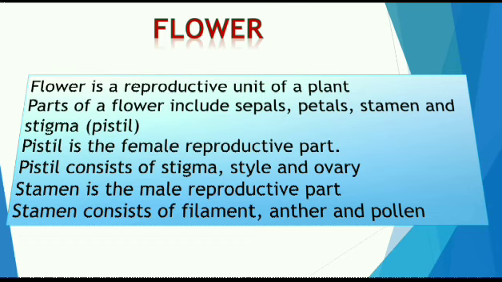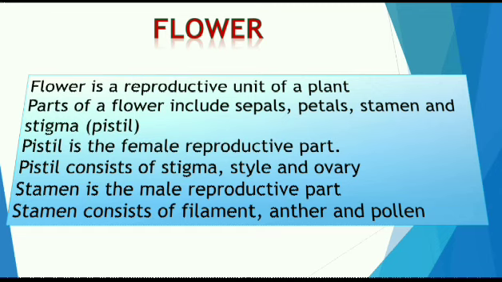The male part, androecium, has filament, anther, and so many pores, that is pollen grains. The female has three parts. The upper part is called stigma, the longitudinal part is called style, and below it is called ovary.